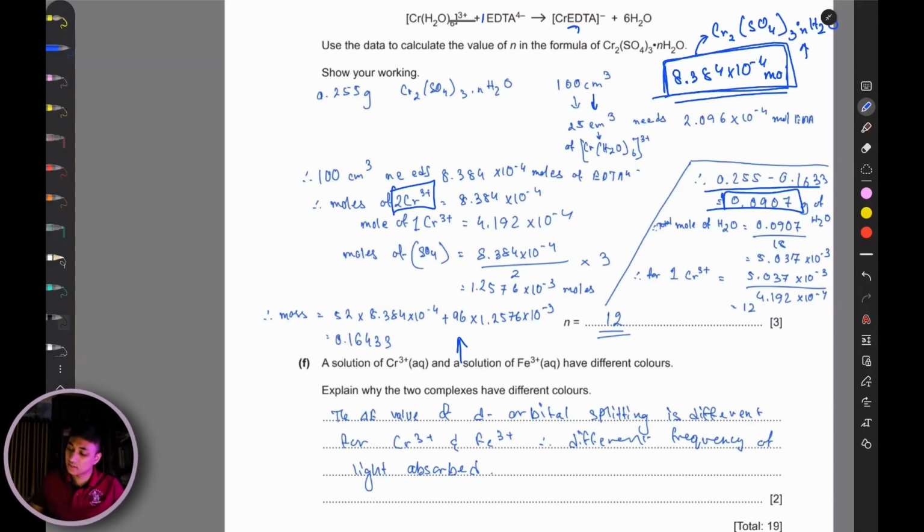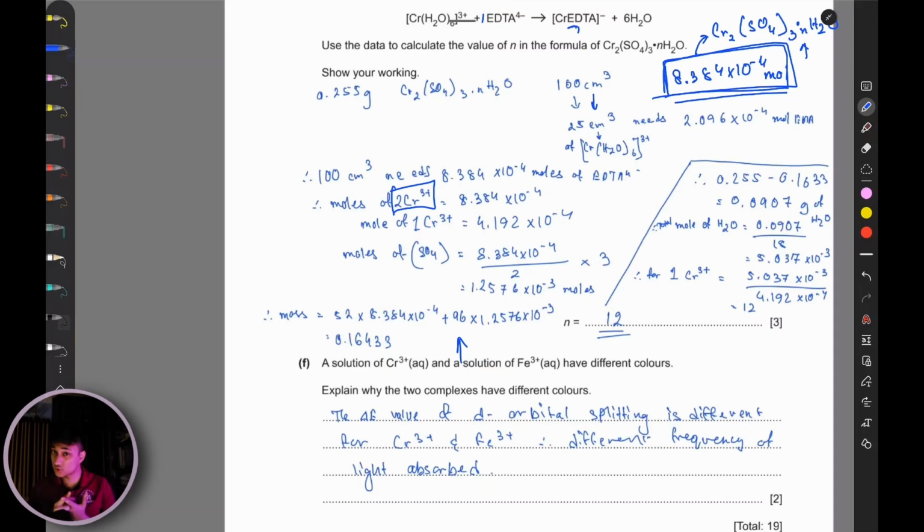Now find the moles of water present. That is 0.0907 divided by MR, that is 18. My final answer, moles of H2O present, is 5.037 into 10 to the power of minus 3. That is your moles of H2O present.